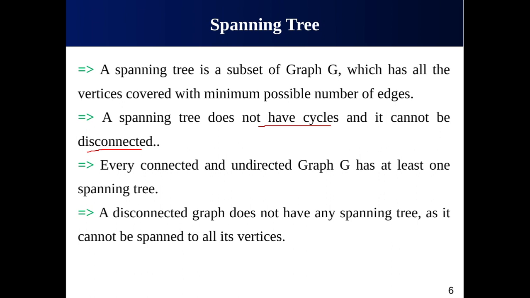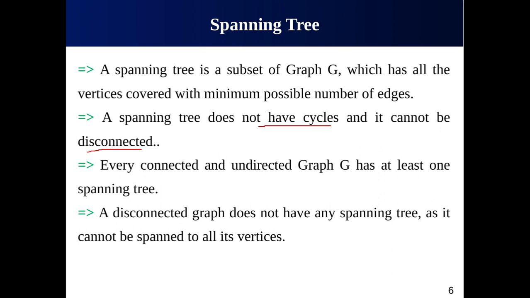And by this definition and from these properties, we can draw a conclusion. The conclusion is that every connected and undirected graph has at least one spanning tree, because they are connected with one another and there is a path from source to destination.